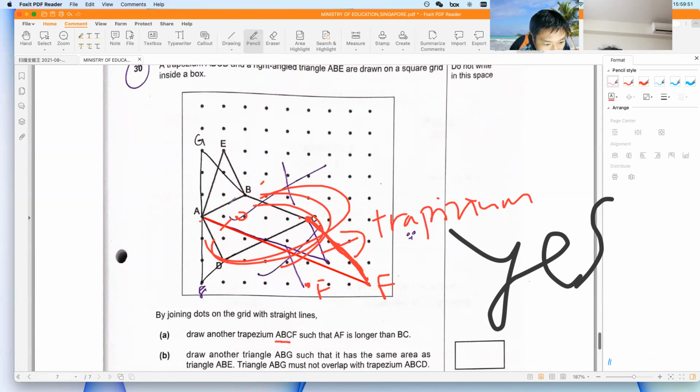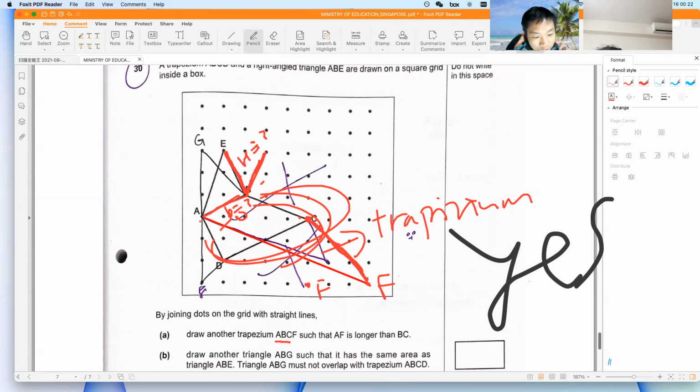I'm not sure if you can use a ruler. What you can do is measure this, and then measure this. Once you measure this, you can find out the actual length already. So the base is equal to how much, the height is equal to how much?